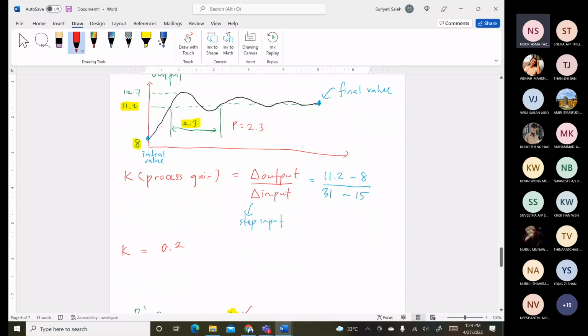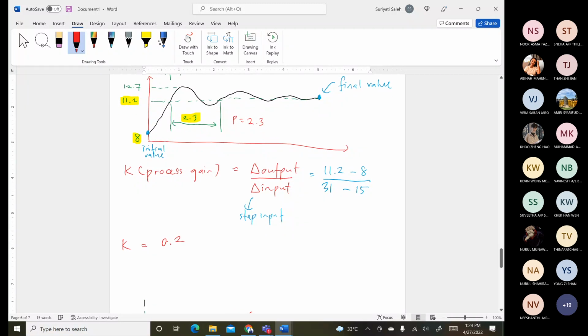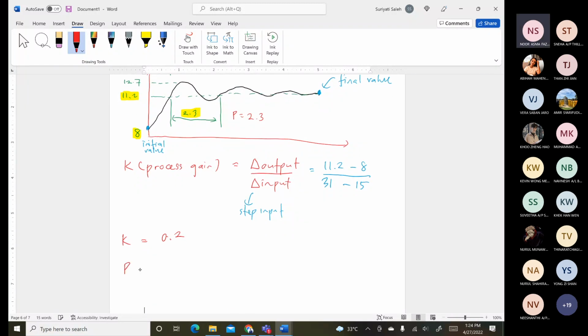So based on this, 2.3 equals the formula, 2 pi tau divided by the square root of 1 minus psi square.